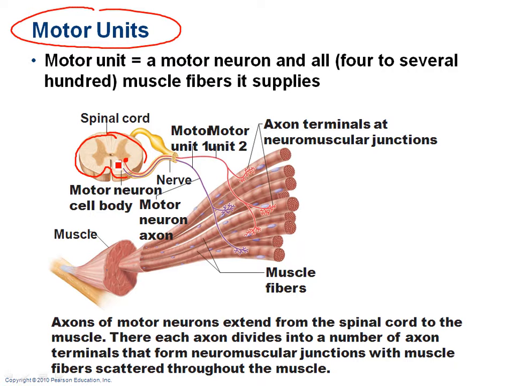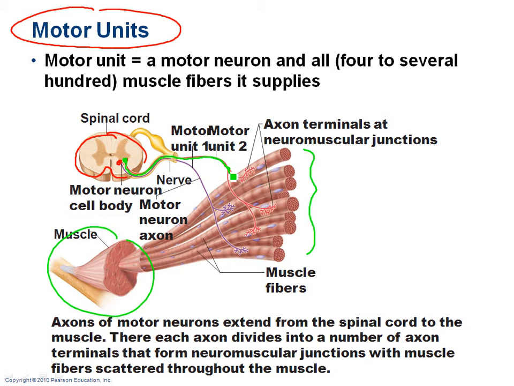So if you look here on this diagram, let me change my pen color over here for a second. I'm going to go to green. Let's look at this motor neuron here. Here's its long axon, and this is traveling from the spinal cord, through one of your peripheral nerves, out to the skeletal muscle. And notice when it gets to the skeletal muscle, here's our skeletal muscle over here, and we're blowing this up so we can see individual muscle fibers in that muscle.